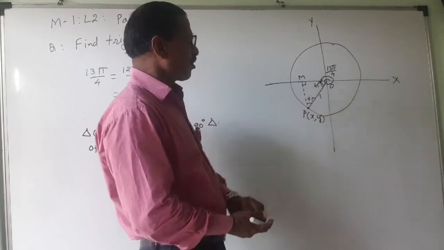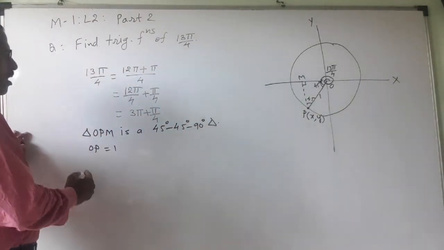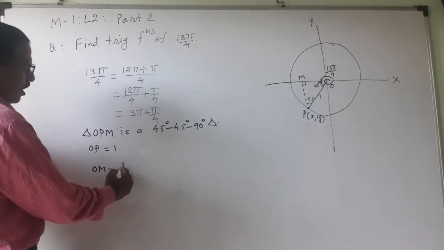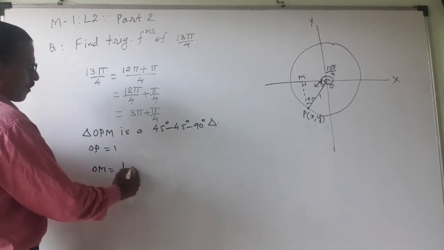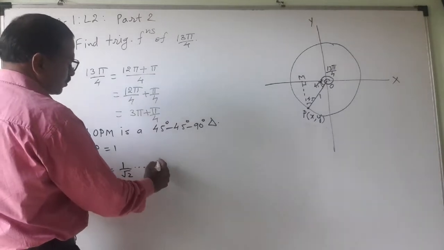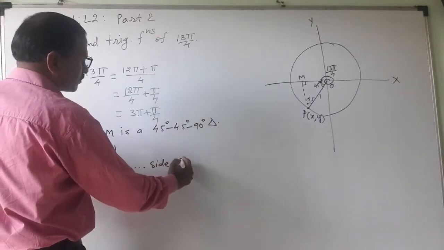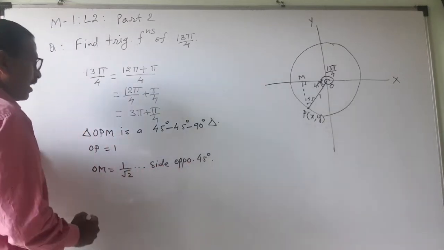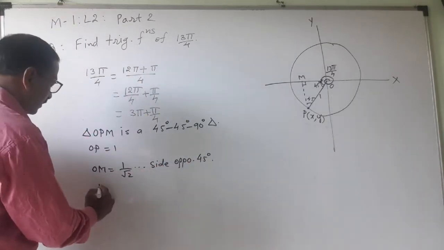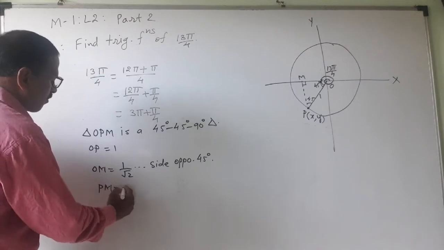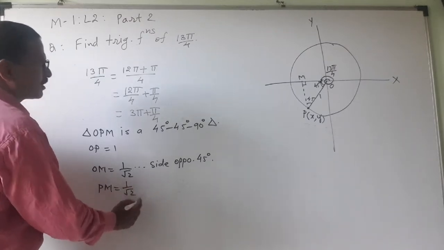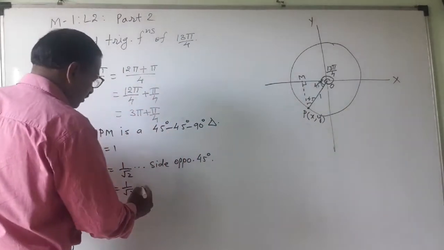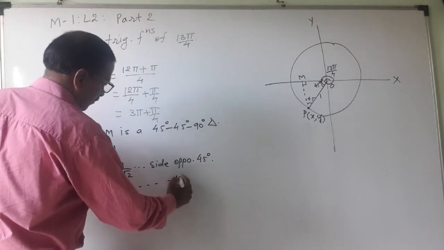So OM equals 1 upon root 2. And then PM is also 1 upon root 2, because this PM is also opposite to 45 degrees. The reason will be the same.